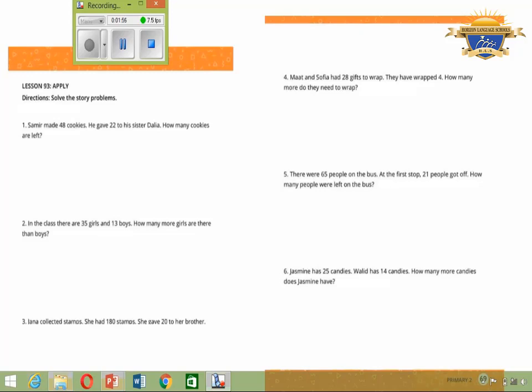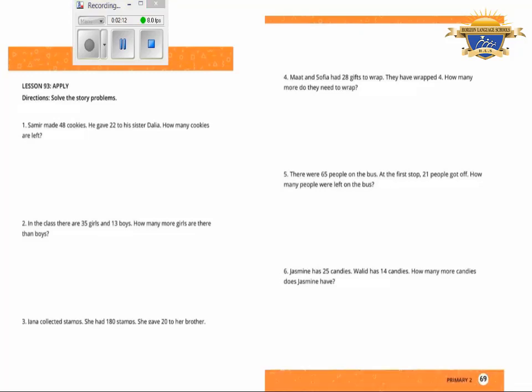Samir made 48 cookies and he gave 22 cookies to his sister Dalia. So Samir has 48 and he gave 22. So 48 minus 22 equals, excellent, 26 cookies.